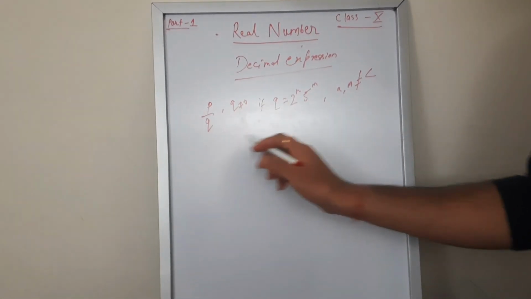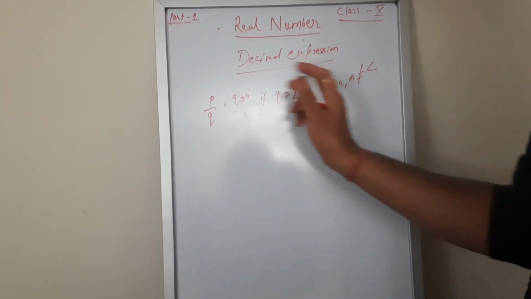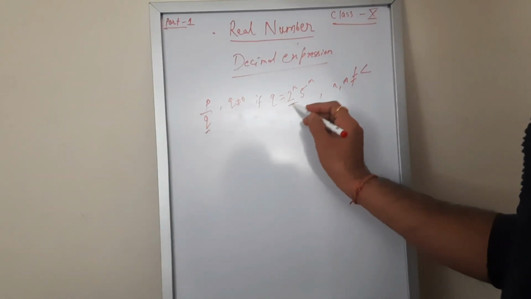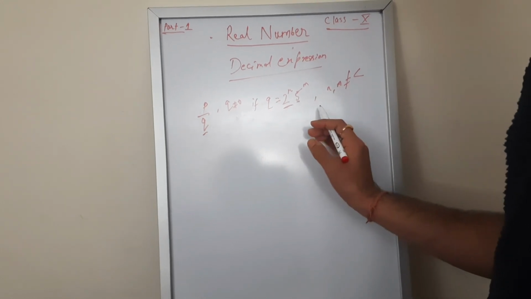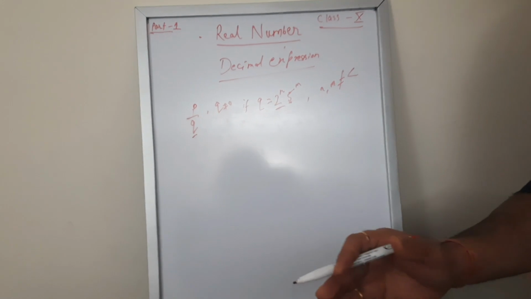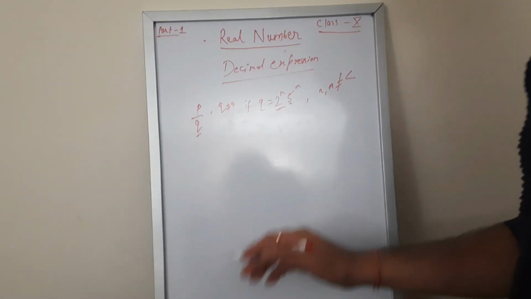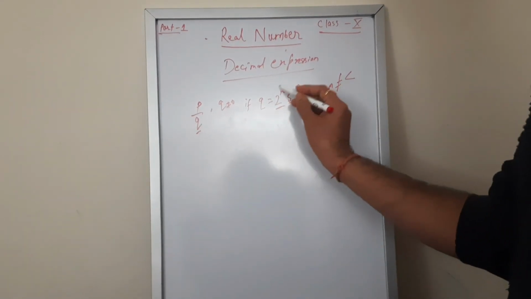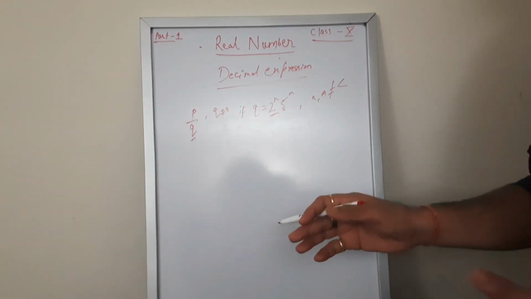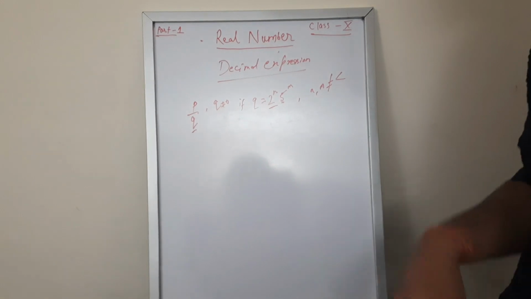If this formula follows, like if p by q and q can be represented in terms of 2 power n, 5 power m, then their decimal value will terminate at some point. But in case it does not follow this formula, then their decimal value will not terminate and it will be recurring.